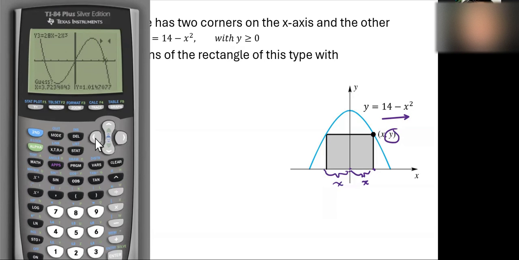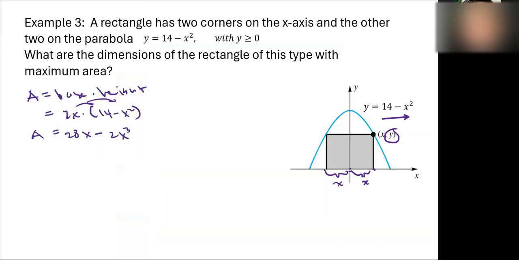And then we can make an educated guess. Press enter. Okay, so we get 3.7416574. So let's just round to 3.74. Okay, so in this case, our domain, or the parameter we're working in, is 0 to 3.74.